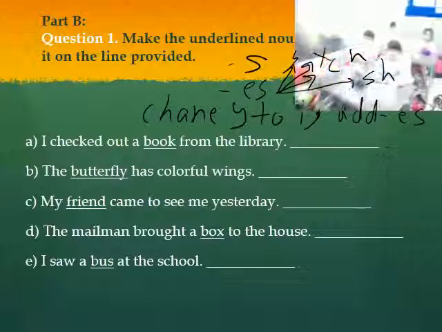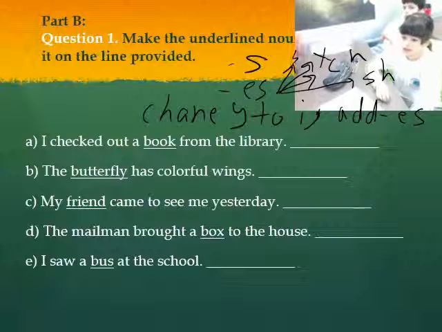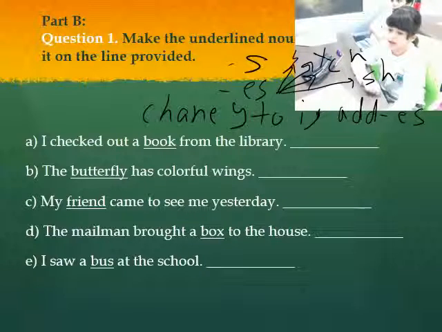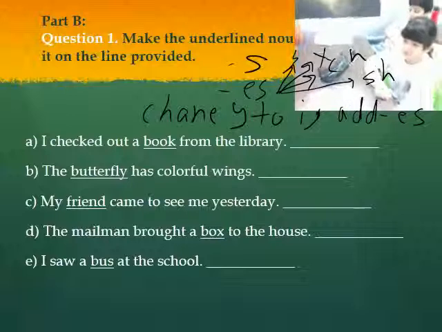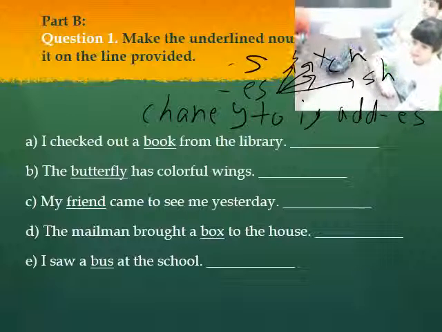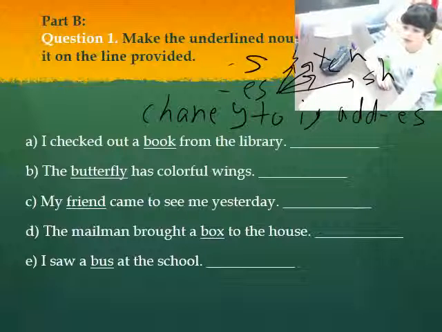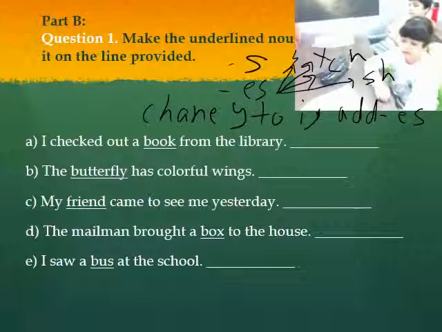Okay, let's start with the first one. Noora, read the first one. I checked out a book from the library. Okay, so we have book. How do we change it to its plural form? Does book end with Y?